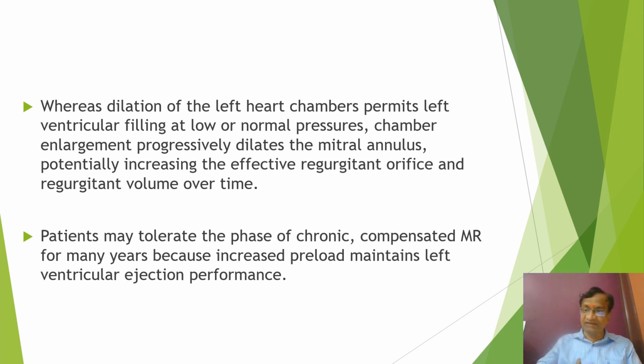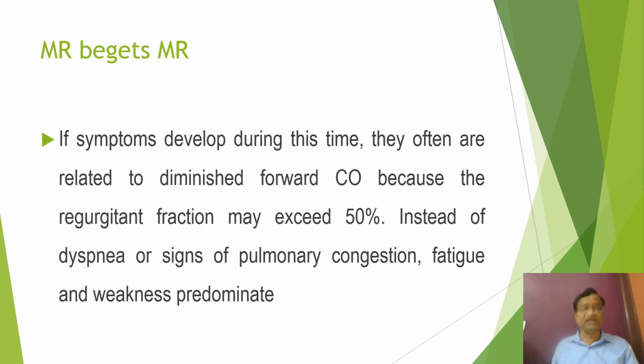First it was primary MR, some rheumatic disease. Now slowly MR is increasing its own MR, and the LA and LV dilate to cause a secondary MR in these cases. That is what is called begets, meaning worsens. Mitral regurgitation begets mitral regurgitation.